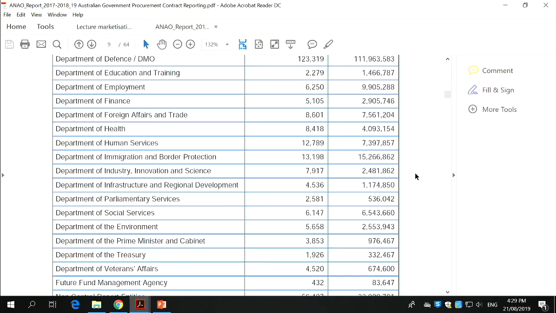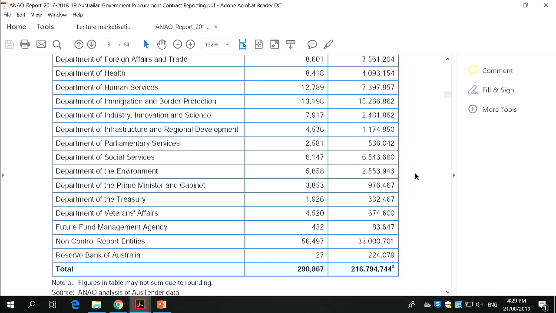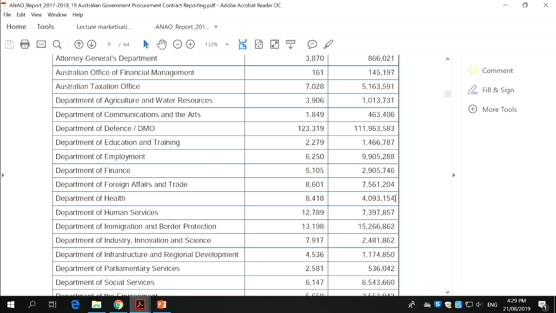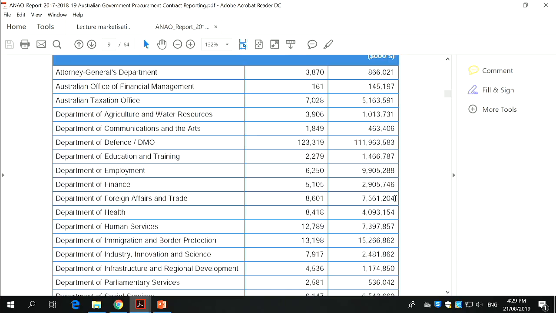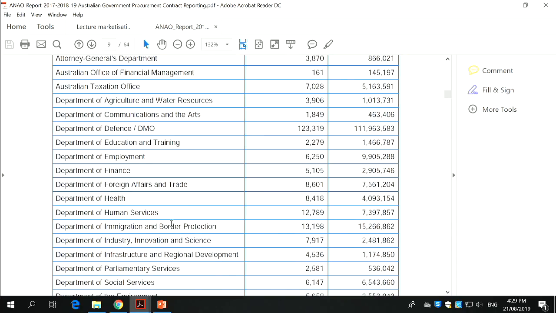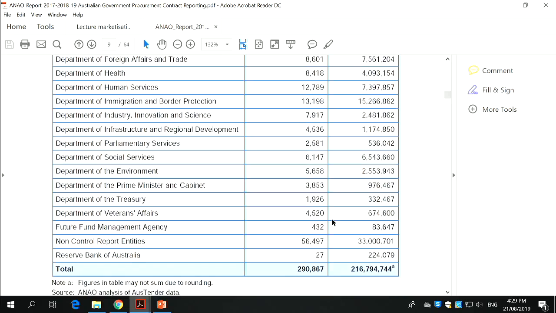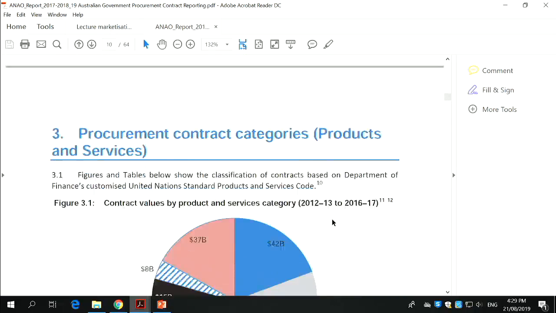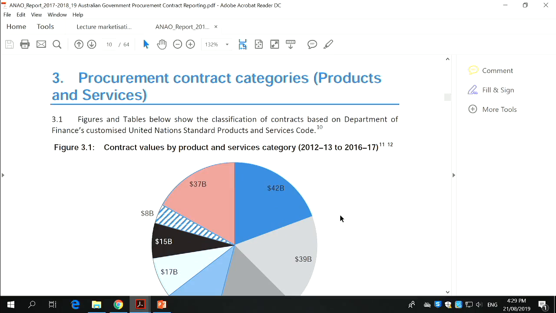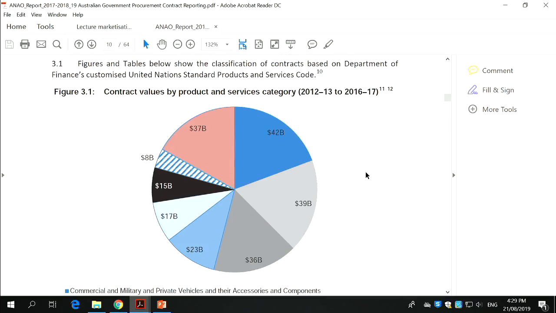And other big items. Is there any other big item? Defence is probably the biggest. Then immigration, human services. Centrelink, a lot is outsourced to the private sector, processing, etc. So what are the services being outsourced? This is by value.